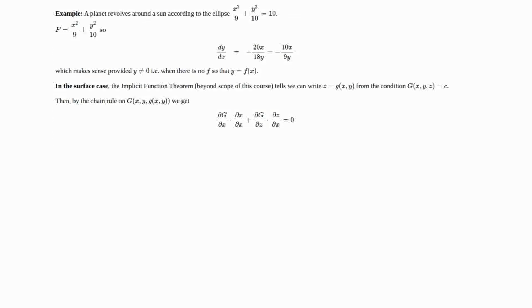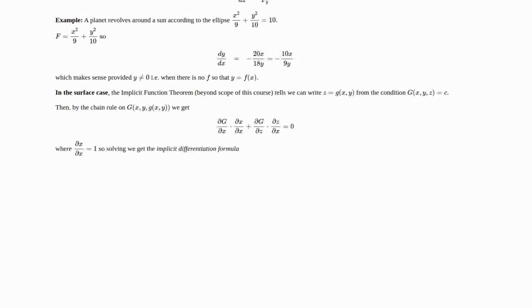And when this is true, and so we would just assume it's true in our problems, then by the chain rule on capital G(x,y) and little g(x,y), we get the following formula. The partial of capital G with respect to x times the partial of x with respect to x plus the partial of G with respect to z times the partial of z with respect to x is equal to 0.